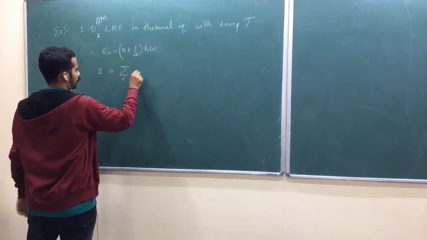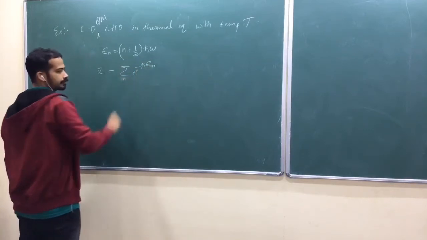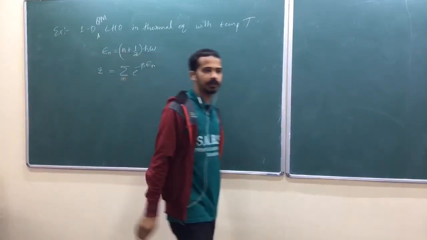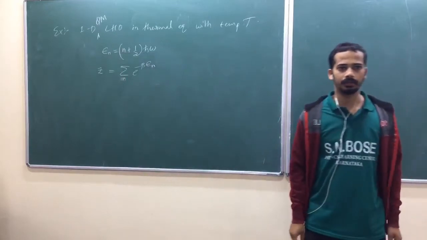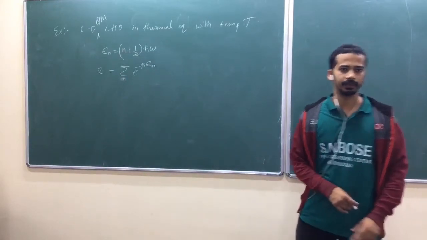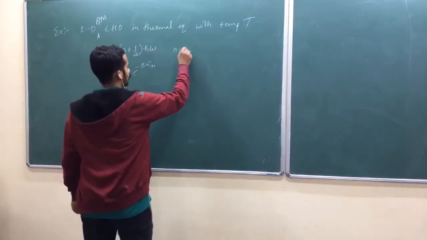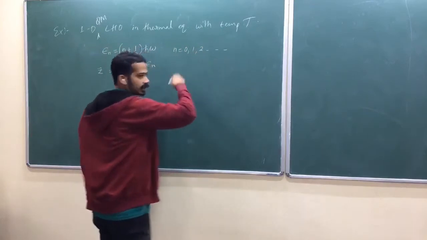What is the partition function? Summation over r of e raised to minus beta Er. Let me write n here because I have different energy levels with index n, where n equals 0 to infinity, isn't it? For the harmonic oscillator you get infinitely many energy levels.